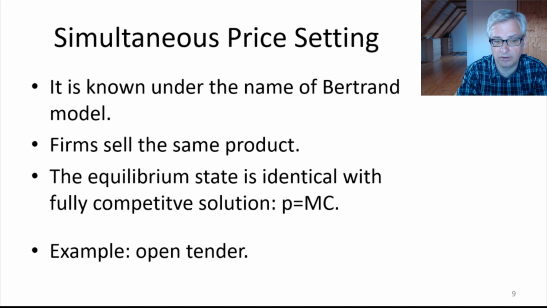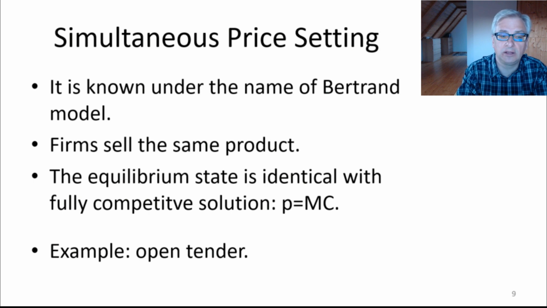That would be the winner. That would push those businesses to propose the lowest possible price, and obviously the lowest possible price is the price that is equal to marginal cost. So such open tender would be won by the business that has the lowest marginal cost.